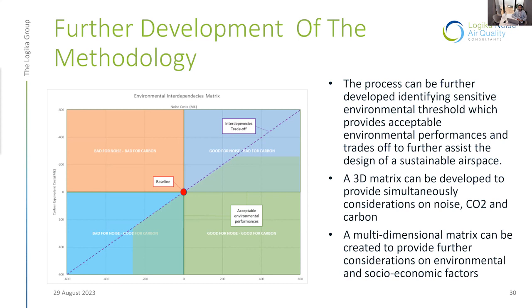And the ambition would be to have a multidimensional matrix that can provide not just environmental consideration, but also take into consideration socioeconomic factors, and we could therefore have a more holistic approach to the assessment of an airspace change, or more generally, if we want to perform an assessment of a new development or a new airspace change.